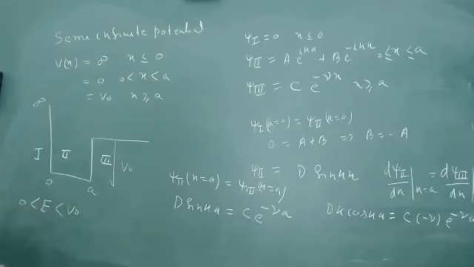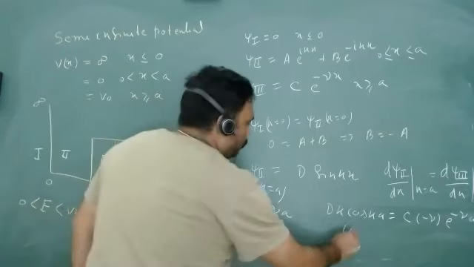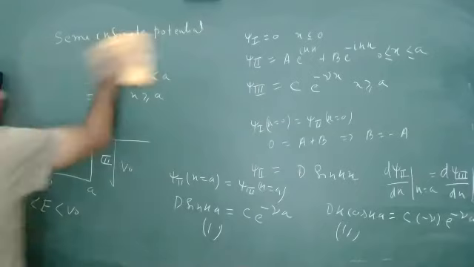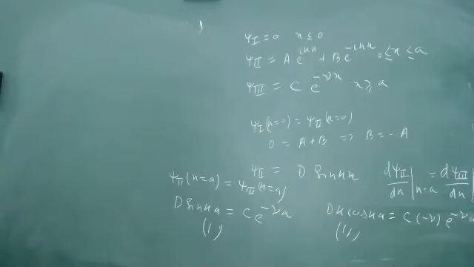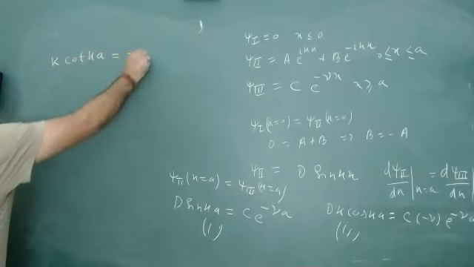You can just divide these two. This is your equation 1, this is your equation 2. Once you divide, you will get a very interesting thing: k cot ka is equal to minus gamma.